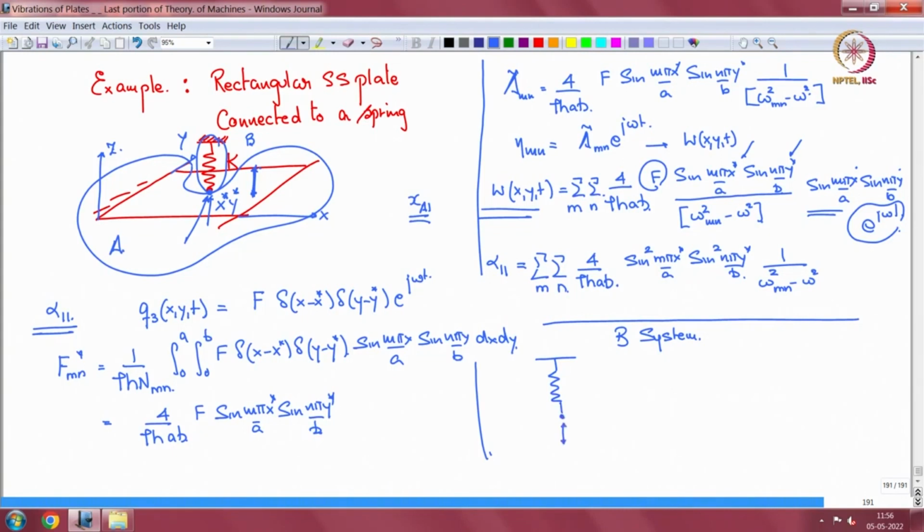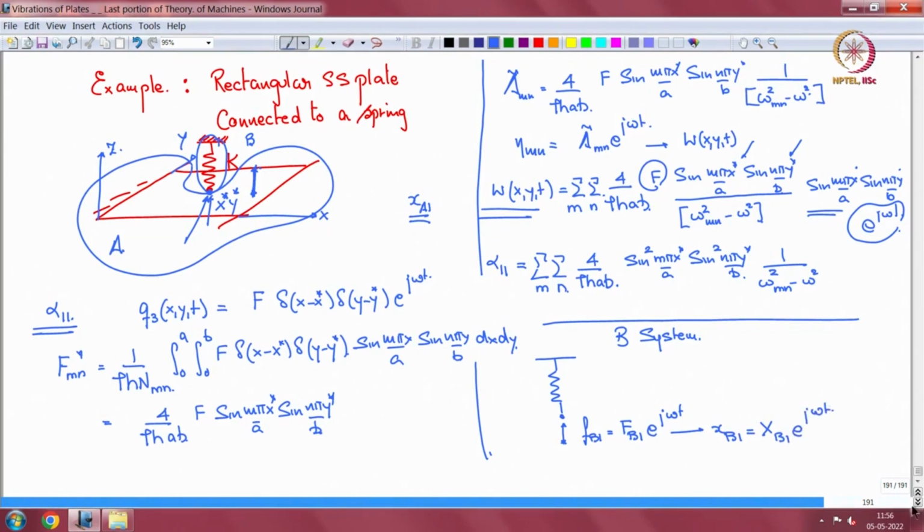There is a force applied, F b1 e to the power j omega t, and that results in a response x b1 e to the power of j omega t.